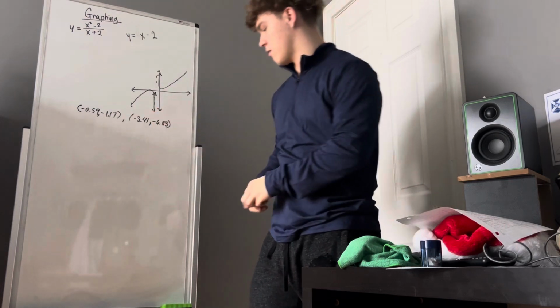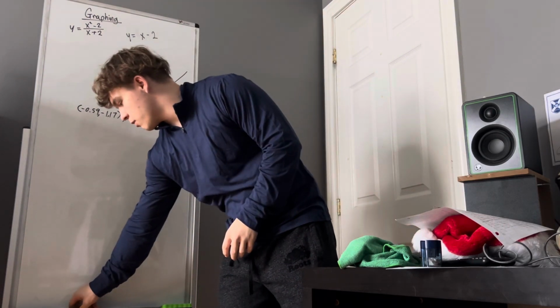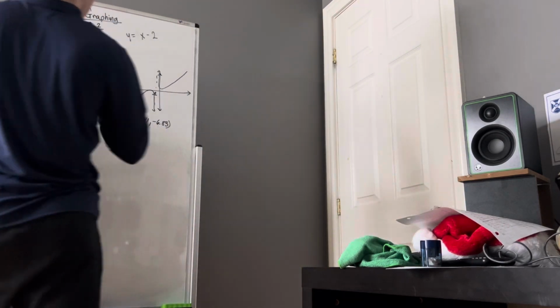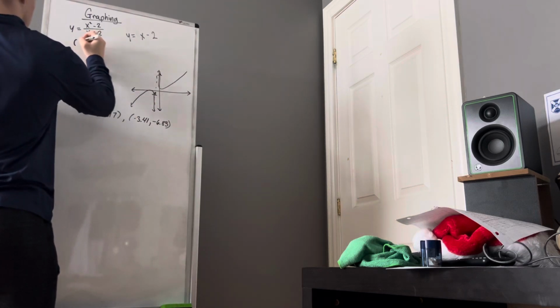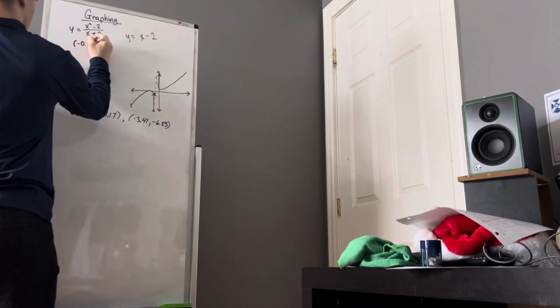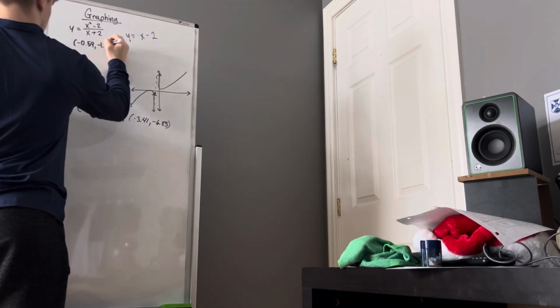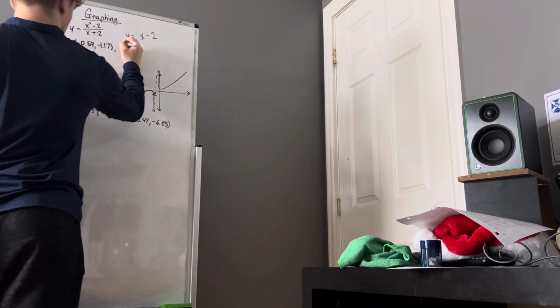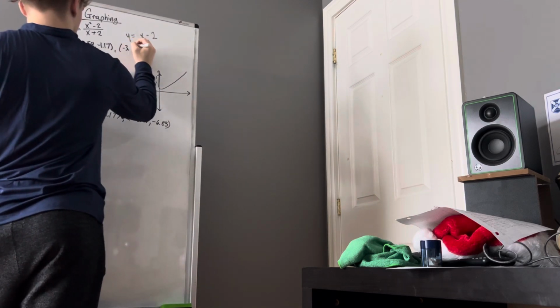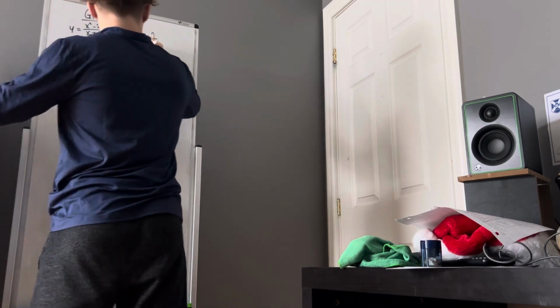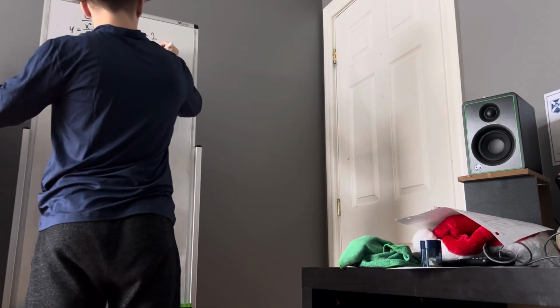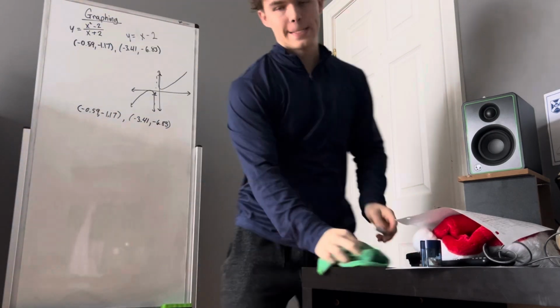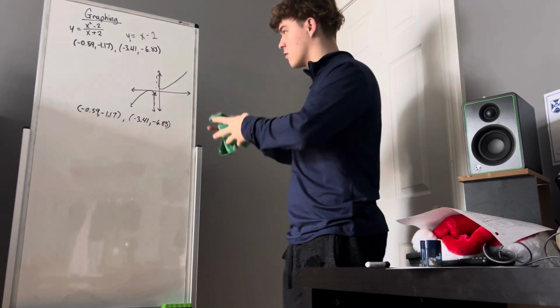I'm going to rewrite these points just so that we can have a much larger graph down here. Negative 0.59, negative 1.17, negative 3.41, negative 6.83. I'm just going to take a mental picture of this graph right here.